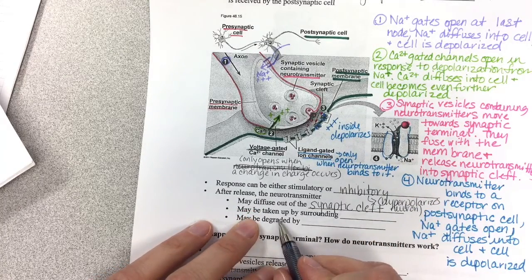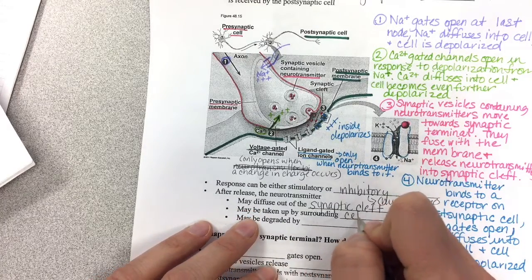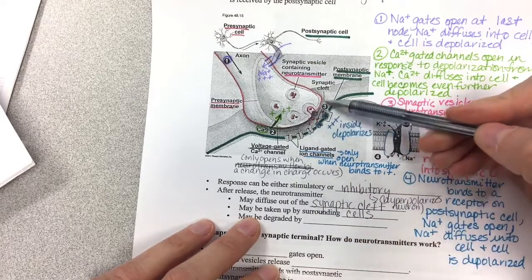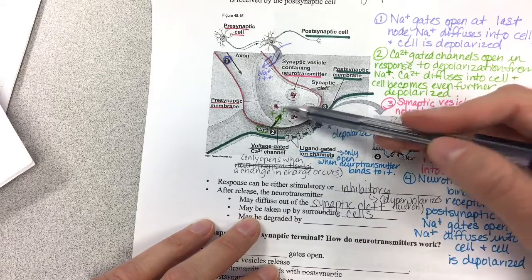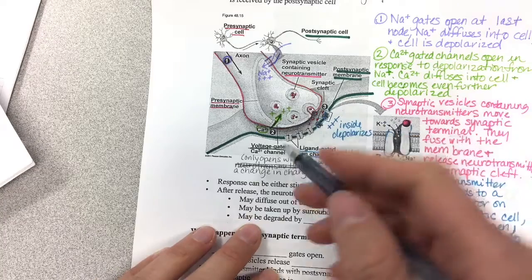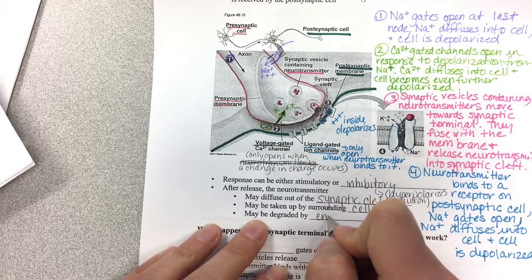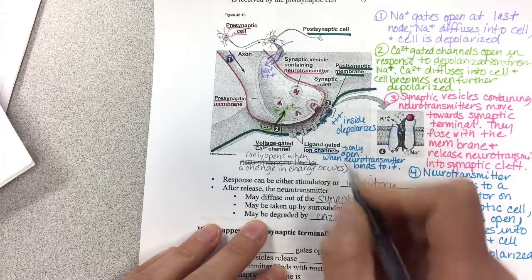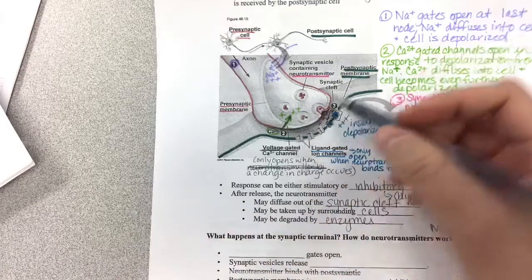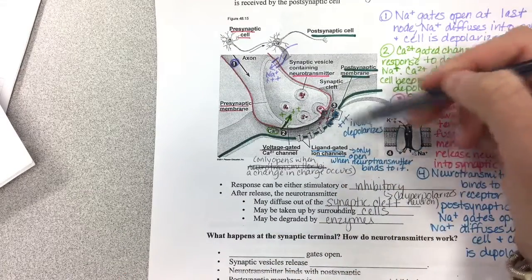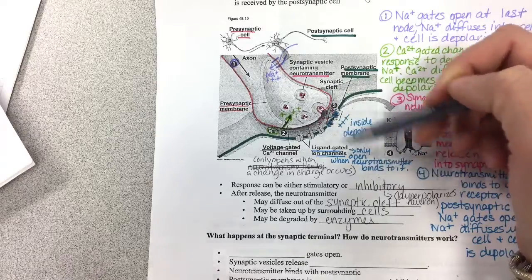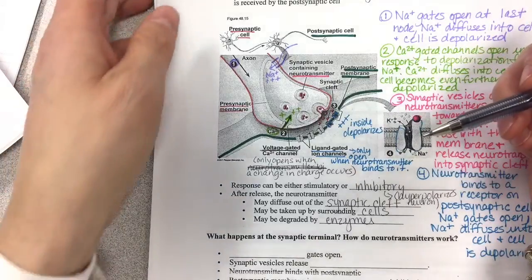It can be taken up by surrounding cells, taken in through endocytosis and reused. Or oftentimes it's degraded by enzymes, so that the cell doesn't continually get stimulated and this neuron keep on firing.